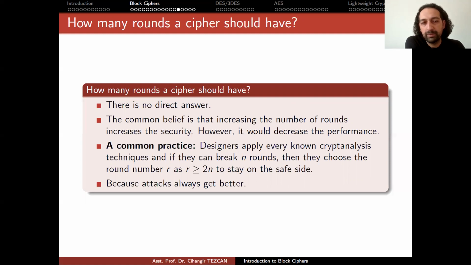Designers apply every known cryptanalysis technique, and if they can break n rounds, then they choose the round number r as r greater than or equal to 2n to stay on the safe side. Because attacks always get better and better, people find new cryptanalysis techniques, people observe new weaknesses in the cipher and so on, so they attack more rounds day by day. So if you choose the number of rounds in a good way, even if people come up with better attacks, your cipher will still stay safe.